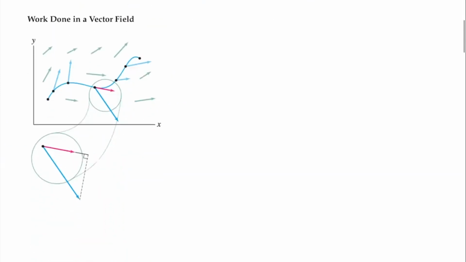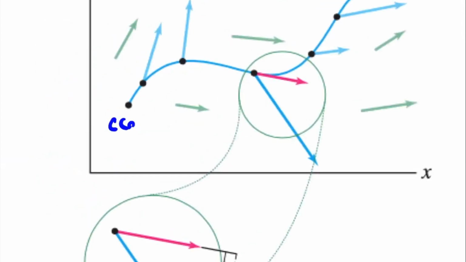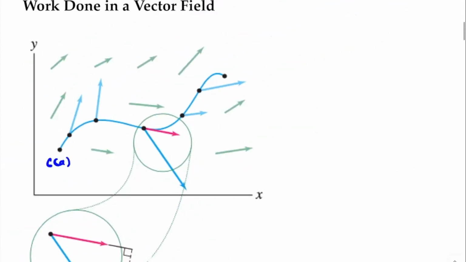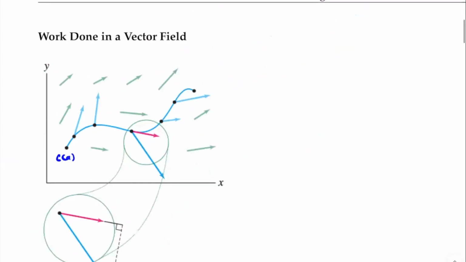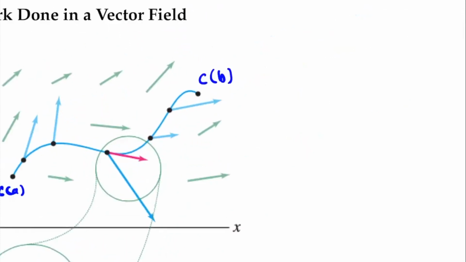So this is the situation where you have work done in a vector field. You have the XY coordinate system. You have a path moving from one point to another point. We want to move the object, let's say it's the black dot, along this C. This is C of A, the starting point, and this is C of B, the ending point.